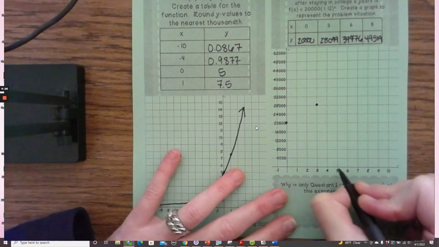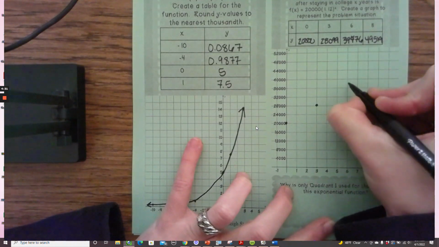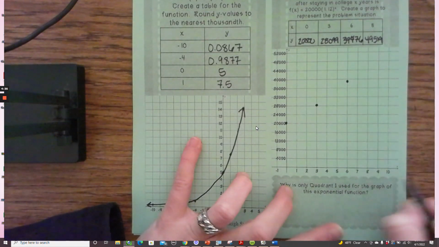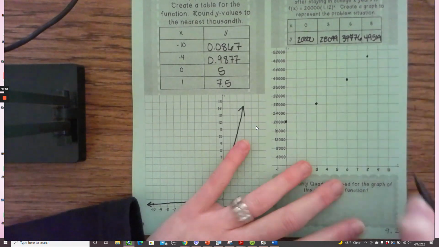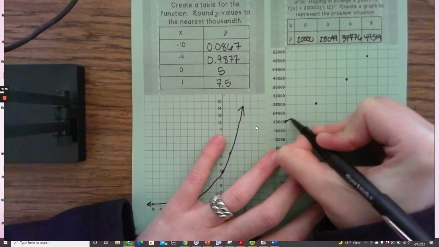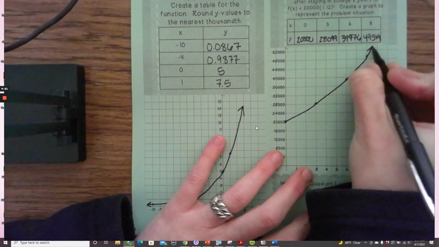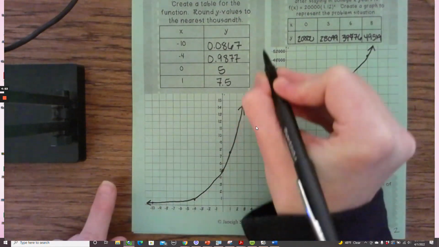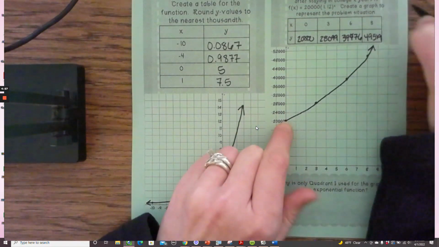And then we've got 6 and 39,000, so I'm going to put that pretty close to the 40,000, and then 8 and 49,000, which is going to be just above 48 there. And so we're going to start at this point. You can see that this graph looks a little bit different, where this one continues on to infinity in both directions. This one starts at 20,000 and keeps increasing.